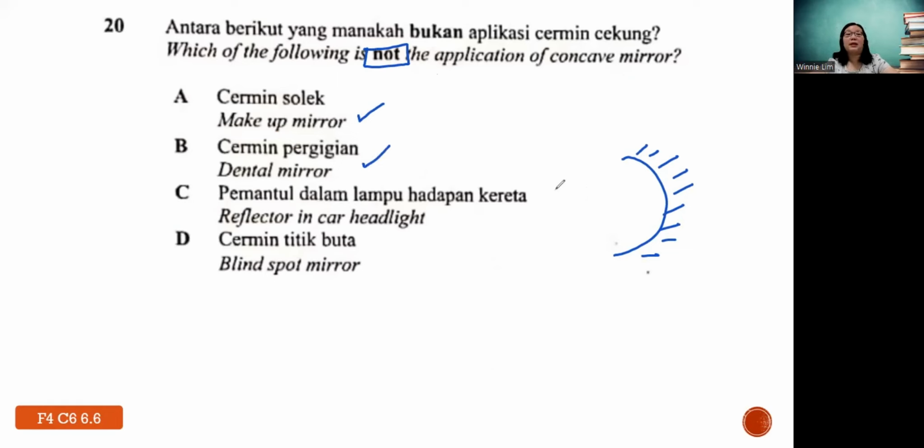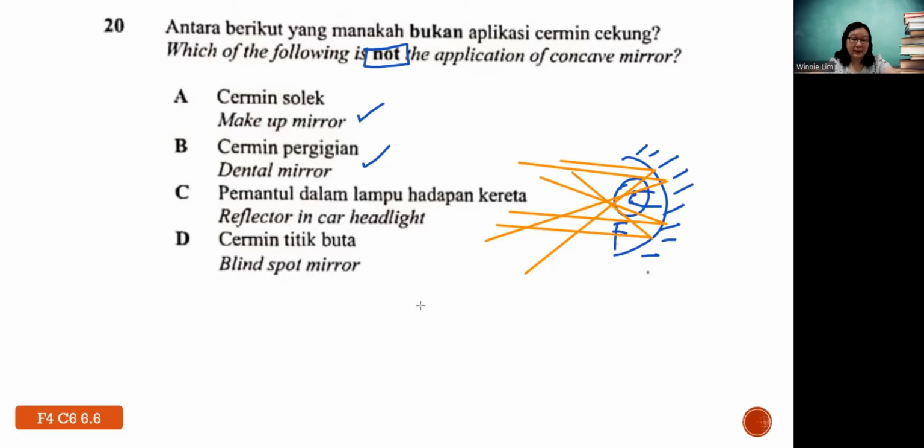Then they also use it as the reflector in a car headlamp, where you always put your headlamp right at point F. So whatever ray that strikes, when they reflect, they will come out parallel. So this is the idea of the car reflector.